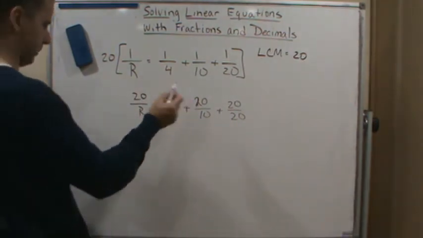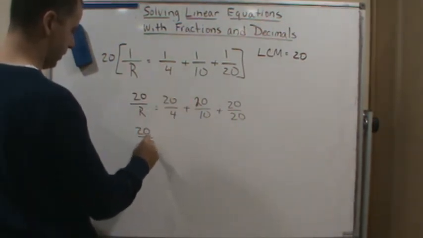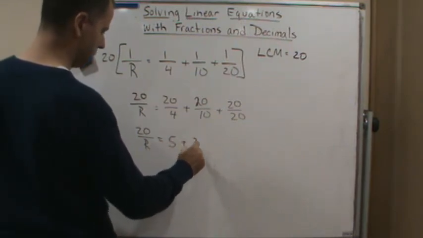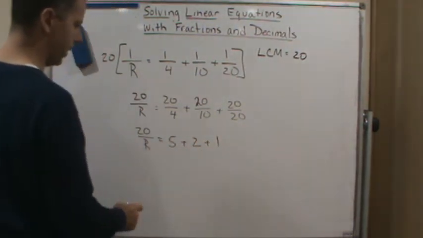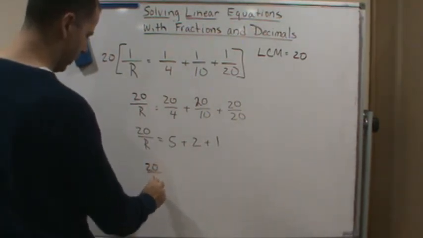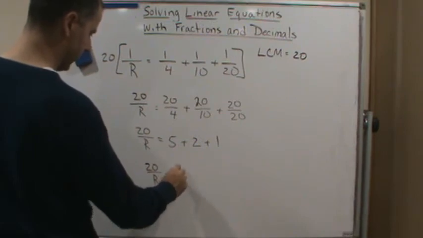Now I'm going to simplify everything. So 20 over R equals 5 plus 2 plus 1. That gives me 20 over R equals 8.